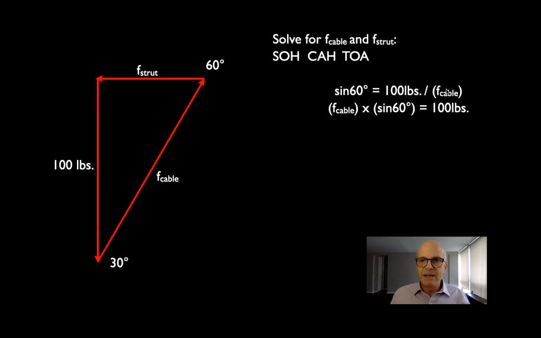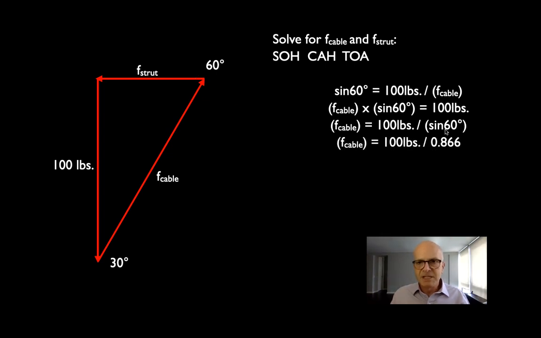We can use algebra to move the force in the cable over here, multiply it by sine of 60 to get 100 pounds, and then we can use algebra again to put all of the numbers that we have on one side and all of the unknowns, in this case just one, on the left side. So the force in the cable is going to be equal to 100 pounds divided by the sine of that angle there, 60 degrees. We look up sine of 60, or just get it on our calculator, and we get the force in the cable is going to be 100 pounds divided by 0.866.